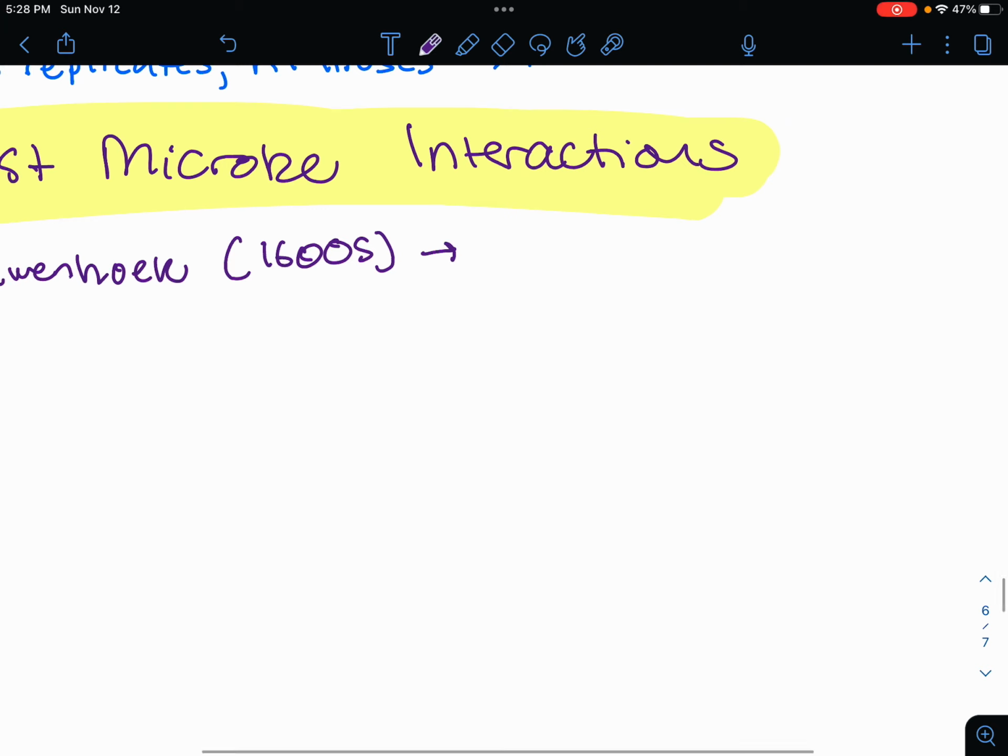It would be his discoveries kind of putting it into the mindset that there might be this causative effect of the microbes being present everywhere, and some of them are causing disease.